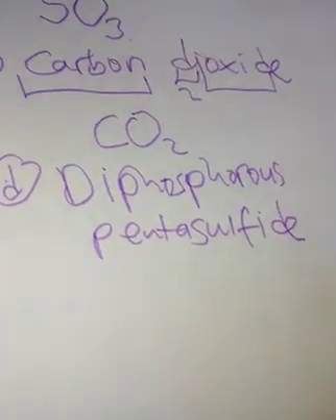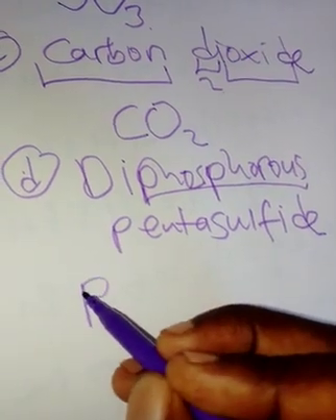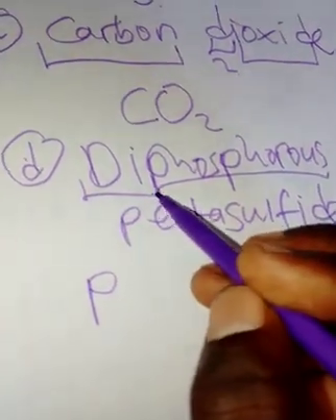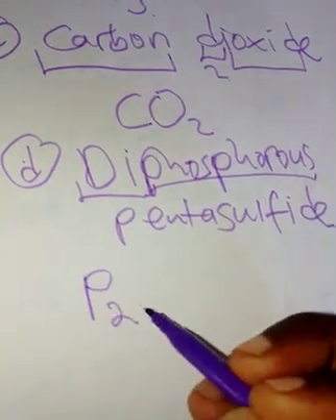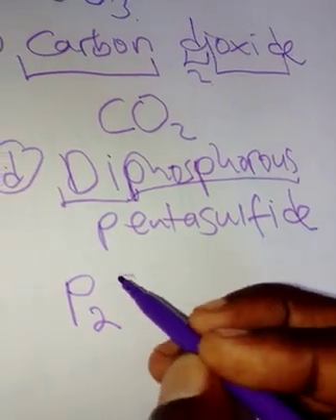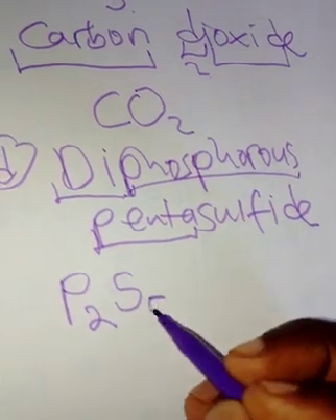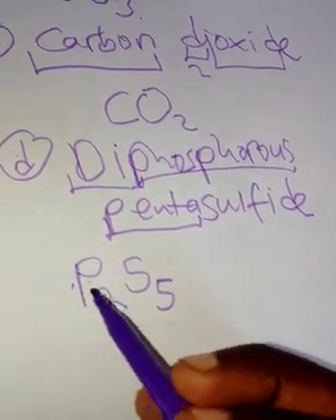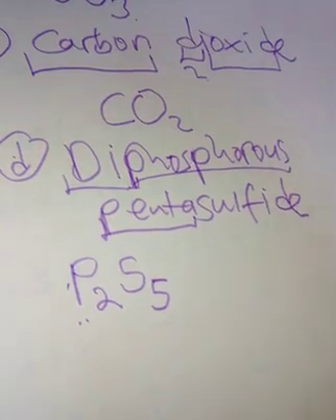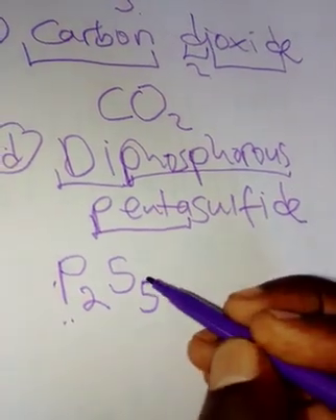So phosphorus, that's P, then there is this prefix di, meaning 2. Okay, then sulfide from sulfur, S, then penta, that's 5. Diphosphorus pentasulfide. Okay, so this is it.